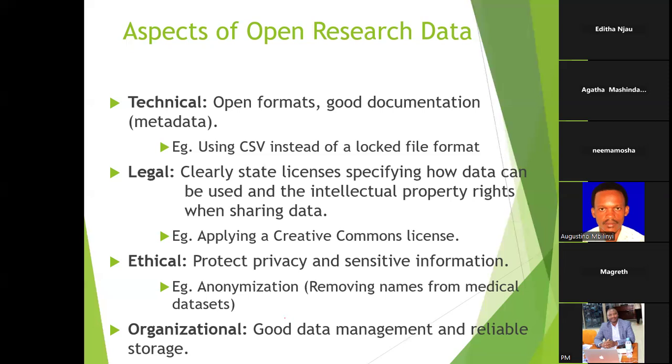For example, anonymization by removing names from a medical data set: for those conducting research on a disease, once they collect their data, they can remove the names and make the data accessible without showing the names of those people who were interviewed. Also organizational. In the organizational aspect, we talk about good data management and reliable storage.